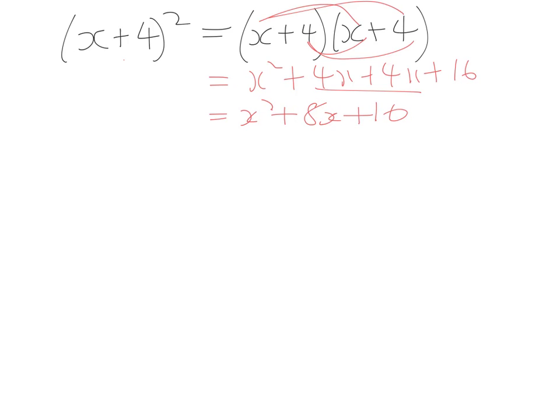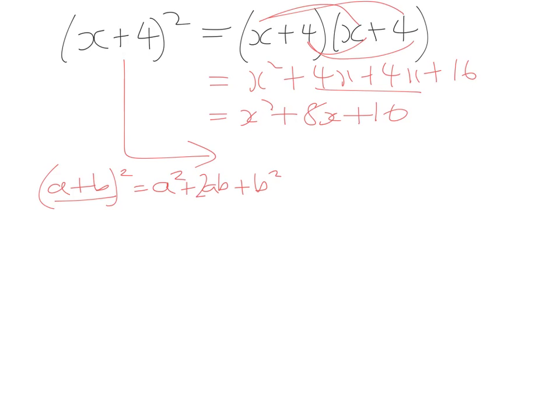Now, to do it quicker though, the rule for perfect square expansion is, if we had a plus b all squared, you square the first, you square the last, and you double the product of the two. So the product of the two is positive ab, and you double it so you get 2ab.